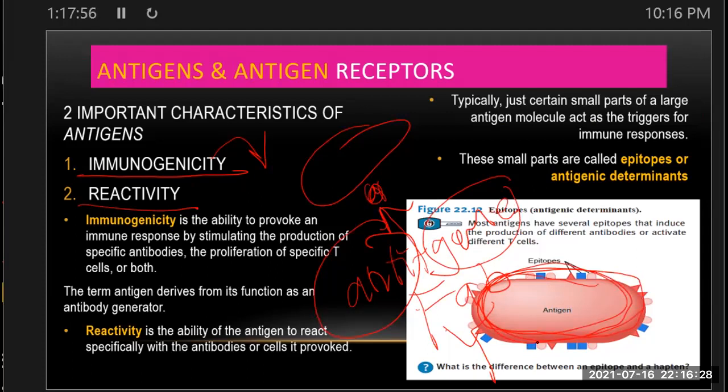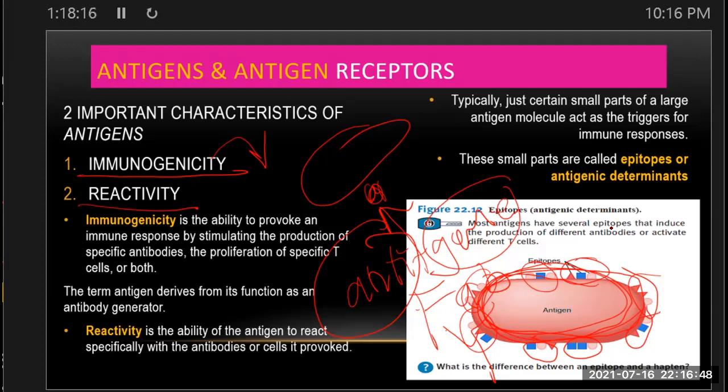Immunogenicity and specificity are observed only through the presence of the epitopes or antigenic determinants. So these small parts are called antigenic determinants or epitopes.